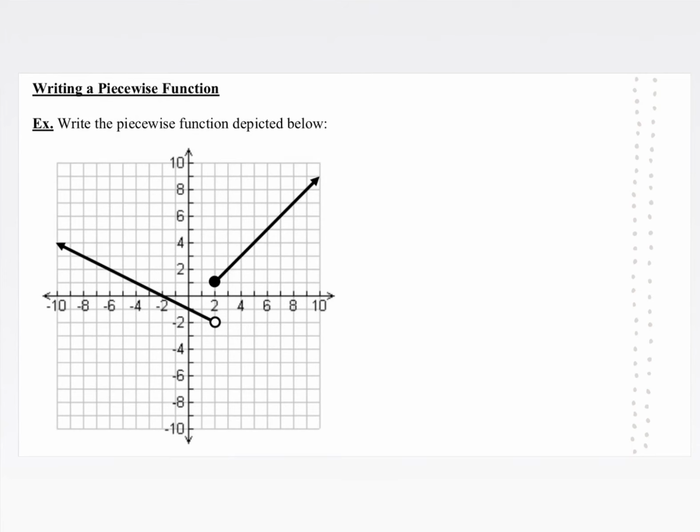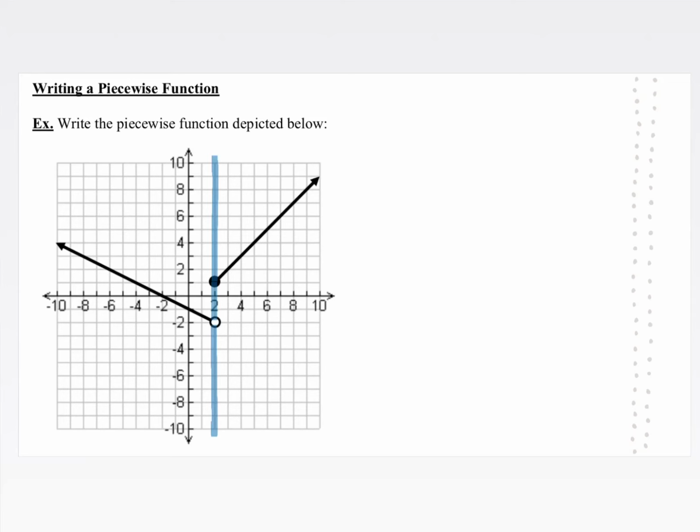So what if you are given a graph and you're asked to work backwards and write the piecewise function depicted below? So again, what I like to do is just draw my boundary line. So we can tell this is at 2.